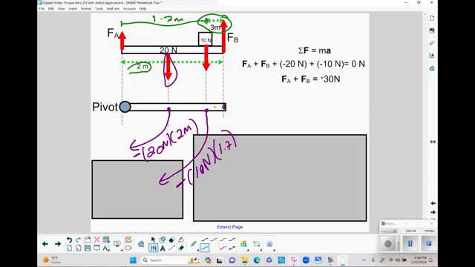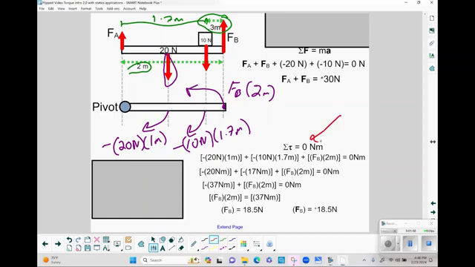FB, acting on the far end of the bar, is going to go up and around the pivot, and that would result in a counterclockwise torque. So I'll call this one FB times its full length of the bar from the pivot, which is 2 meters. With all the torques drawn out, I can now write out my torque equation.